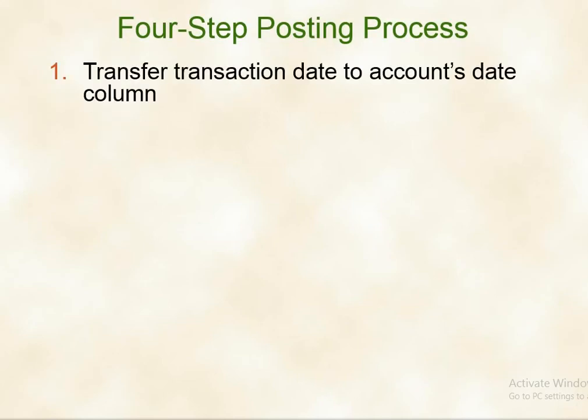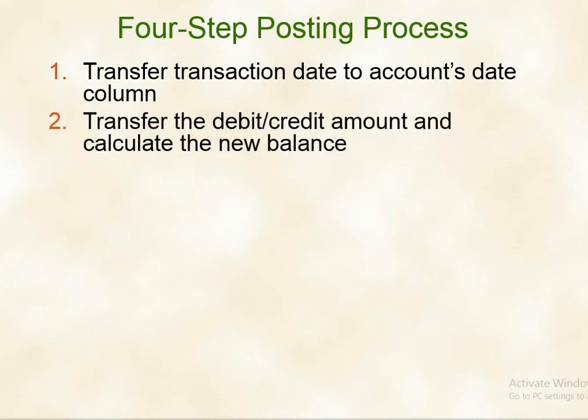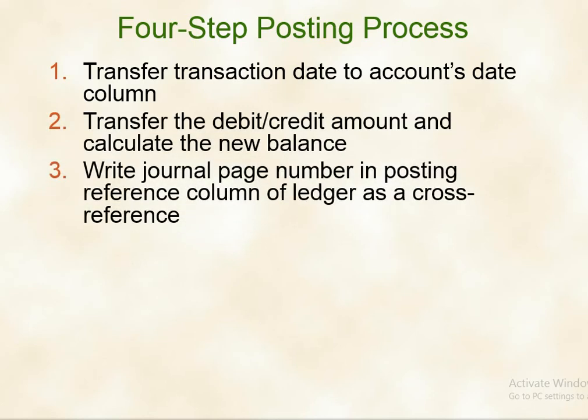The 4-step posting process: transfer the transaction date to the accounts column; transfer the debit and credit amounts and calculate the new balance; write the journal page number in the post reference column of the ledger as a cross reference, right? This number is necessary for cross referencing. We write the page number of the ledger in the journal and the page number of the journal in the ledger, for cross referencing and for connecting the two accounts that you have dealt with in both statements.